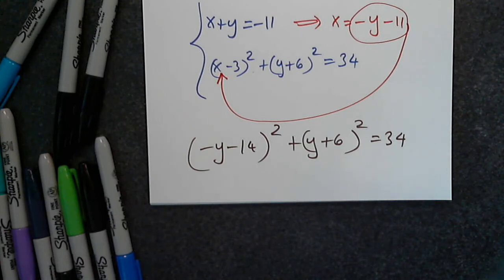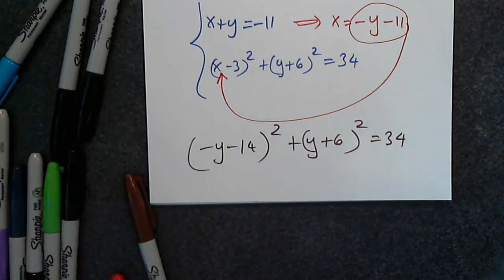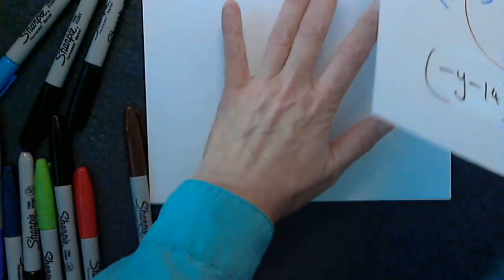What will be the next step from here? Yes, or expand. Yes, of course. That's correct. But I prefer not foiling because we know the special product, but it's up to you.